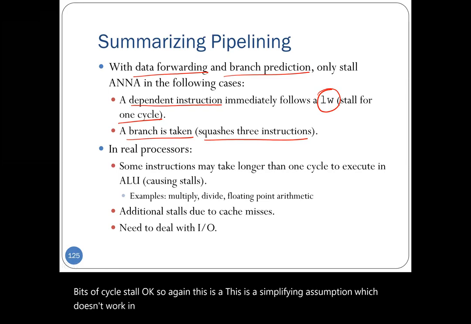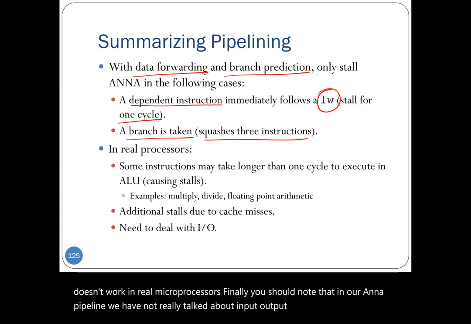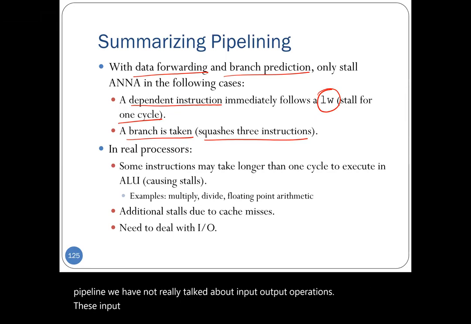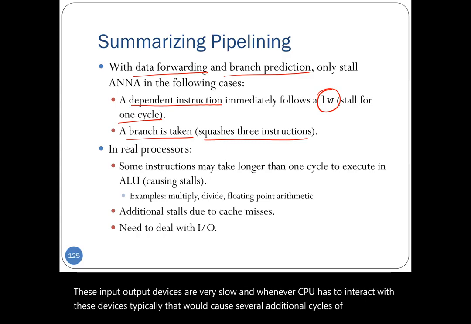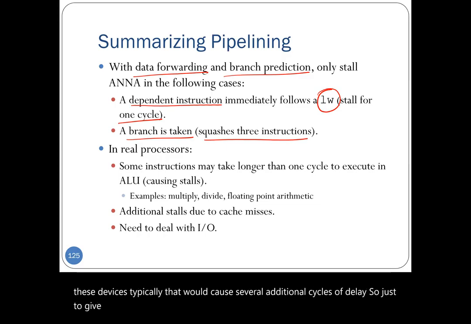Finally, you should note that in our ANA pipeline, we have not really talked about input output operations. These input output devices are very slow. And whenever CPU has to interact with these devices, typically that would cause several additional cycles of delay. So just to give you an idea, the clock cycles, they are typically measured in nanoseconds, right?